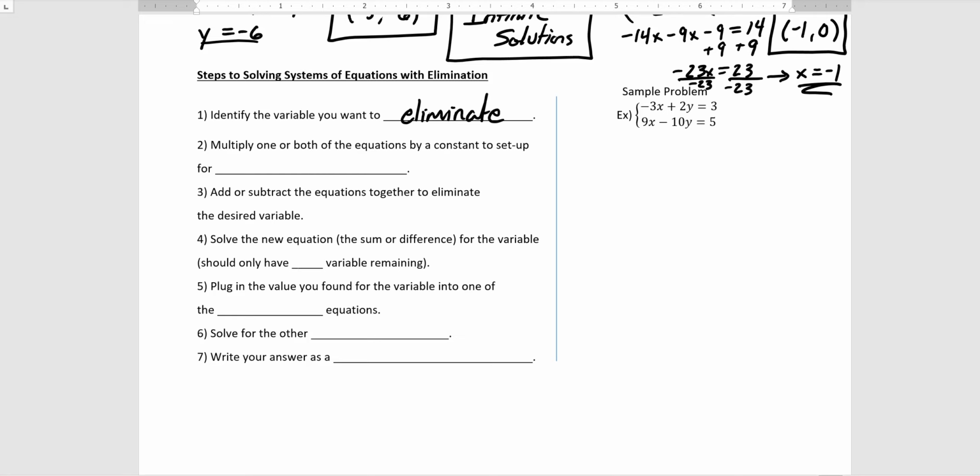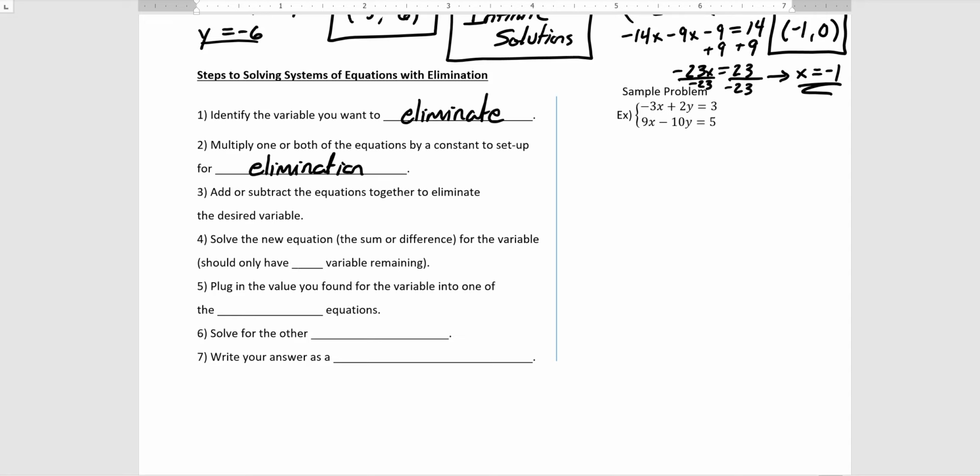So what I'm going to do is multiply one or both of the equations by a constant to set up for elimination. Now, what that means is I'm going to choose to multiply so that these either become the same value, like they both become 9, or opposite values, where one's negative 9 and one's positive 9. It really doesn't matter which one you choose, the consistency is what's key here.